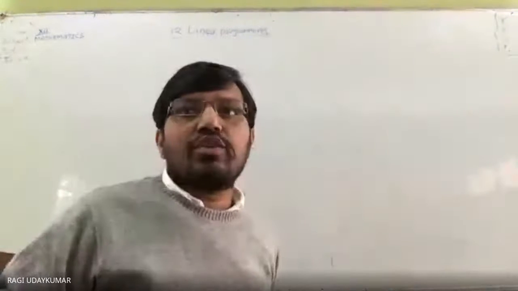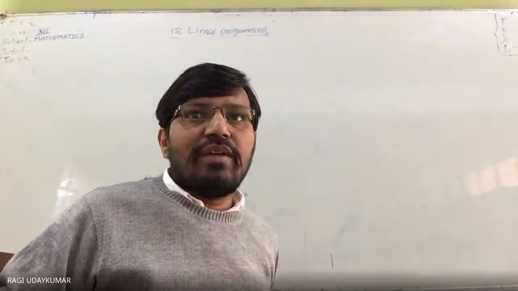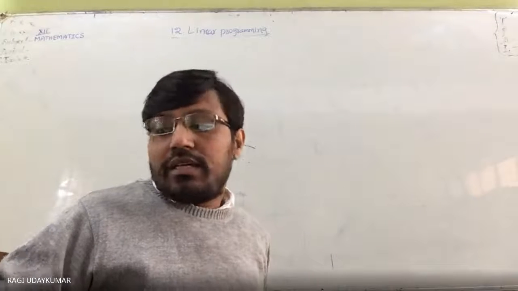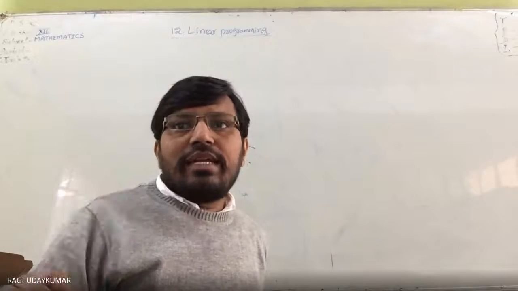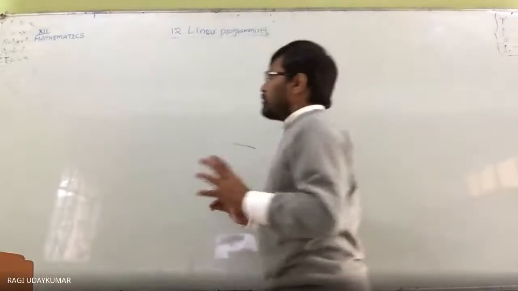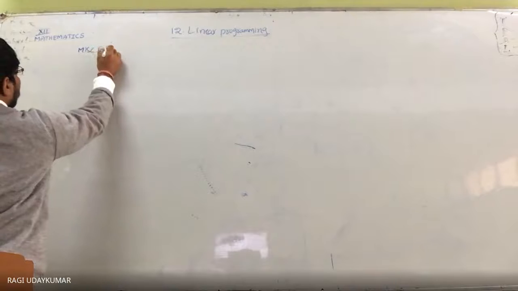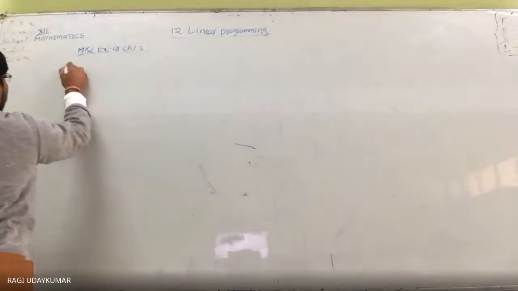I will now explain the solution to you. Just see the solution here. First let me draw the picture of the miscellaneous exercise of chapter number 12, question number 6.